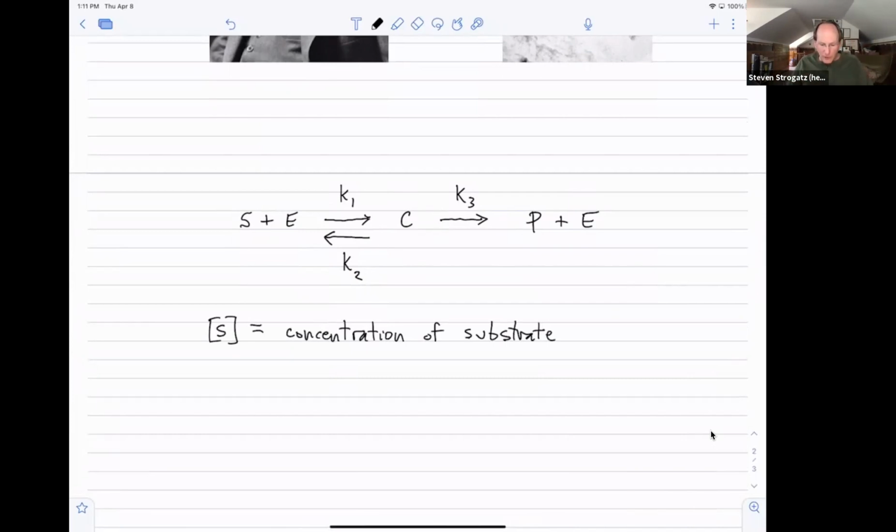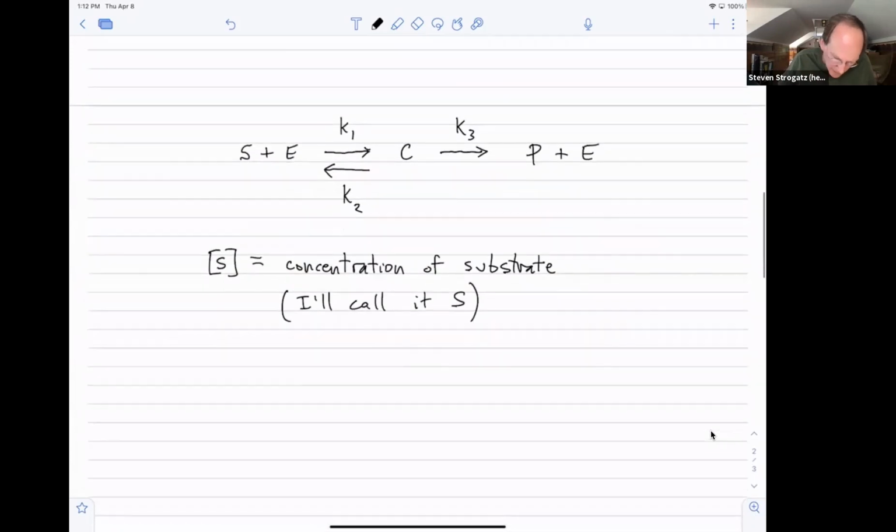But I don't feel like writing all those brackets, so I'll just call it S. I'm not going to distinguish between the name of the molecule and its concentration. Similarly, E would represent the concentration of the enzyme.